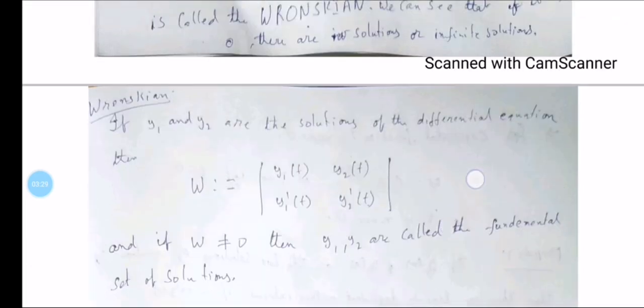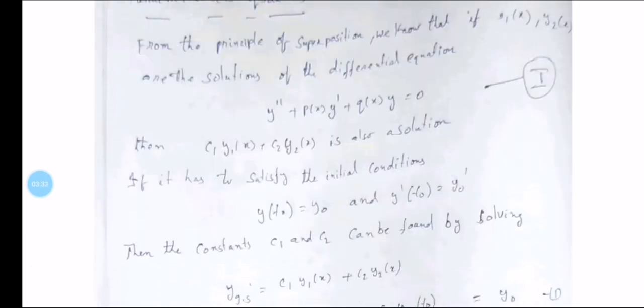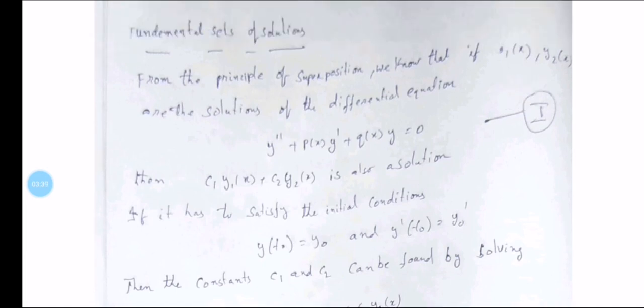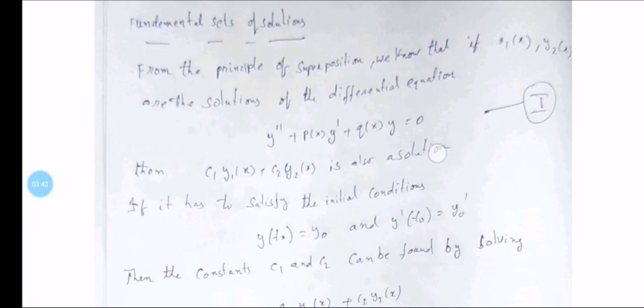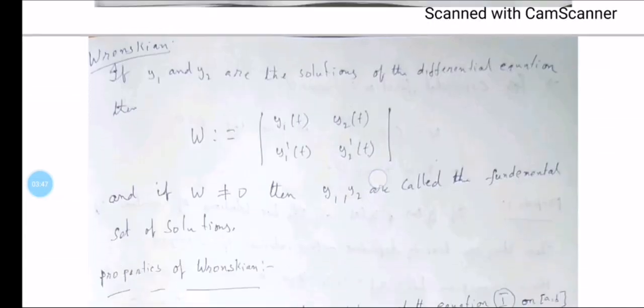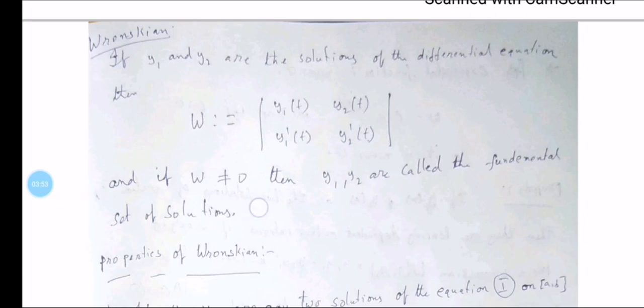So what is that? For any solution of the differential equation, suppose y1 and y2 are solutions, we need to check that y1 and y2 satisfy this equation or not. If they satisfy it, then we need to check whether the Wronskian W is not equal to 0 or not.